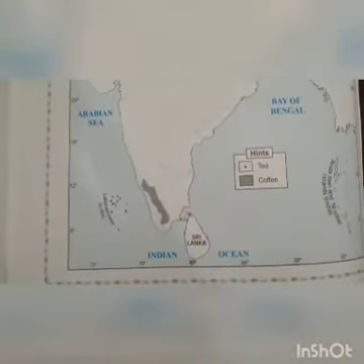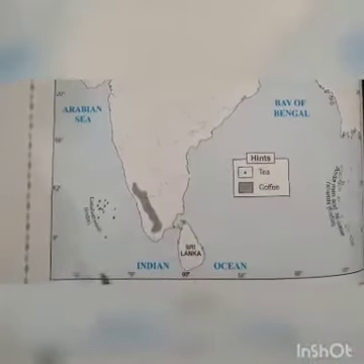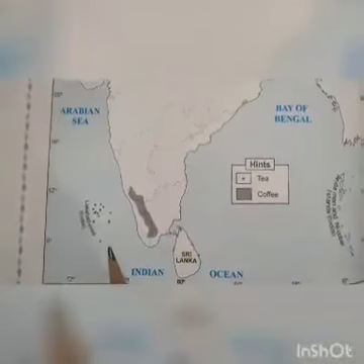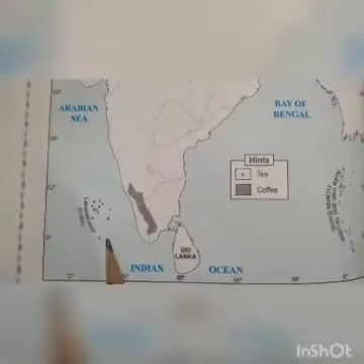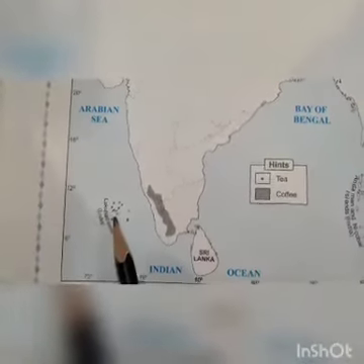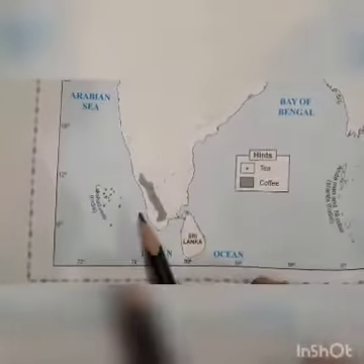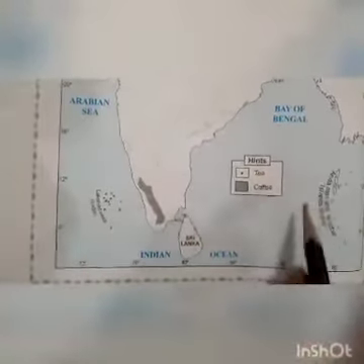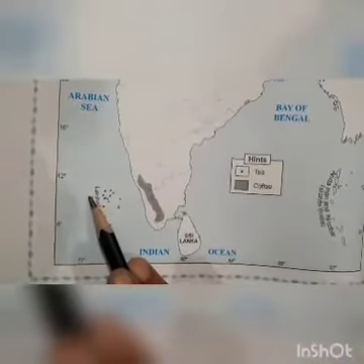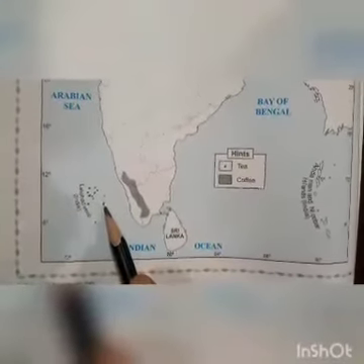Clear? I told you in the previous point that these islands are composed of small coral islands. So what is coral? It's a hard white substance that forms in the sea, right? These are hard white substances which are formed in the sea from the bones of very small tiny aquatic animals, sea animals, right?